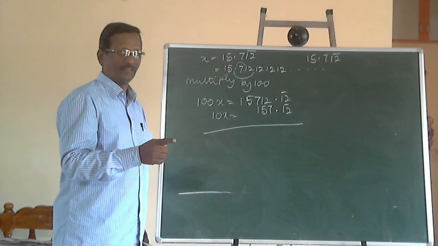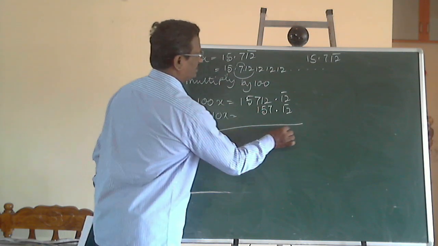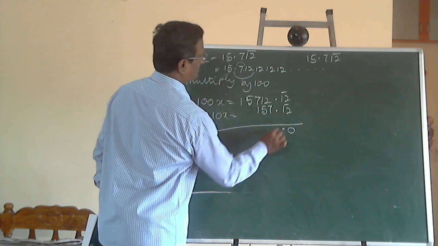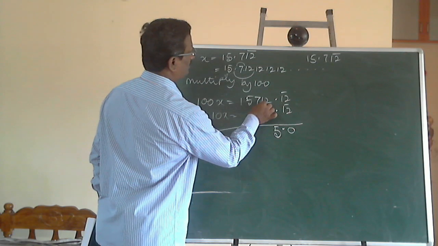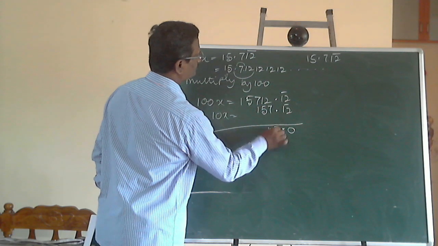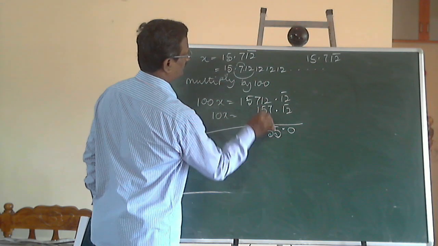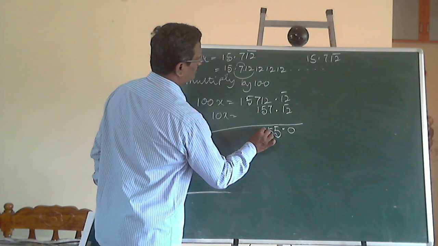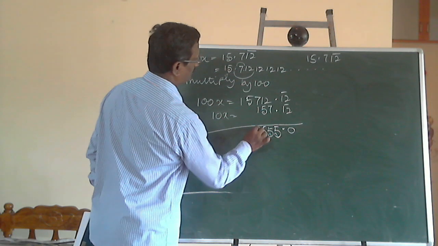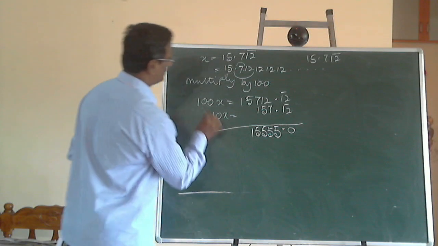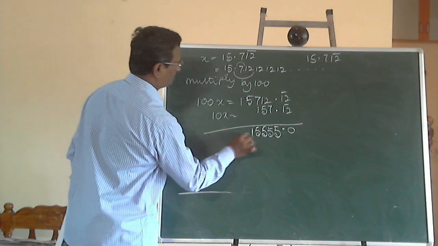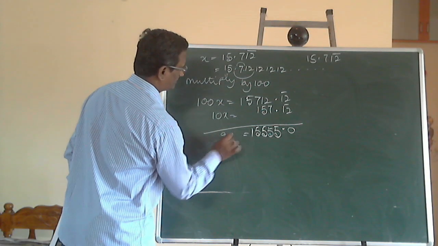0.12 recurring. On subtraction, this becomes 0. 12 minus 7 is equal to 5. 10 minus 5 is equal to 5. 6 minus 1 is equal to 5. 5, 5, 1. This is 100x minus 10x is equal to 90x.